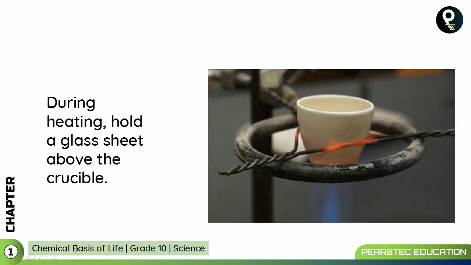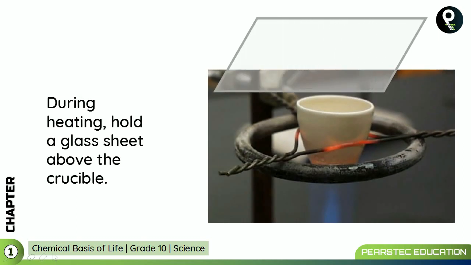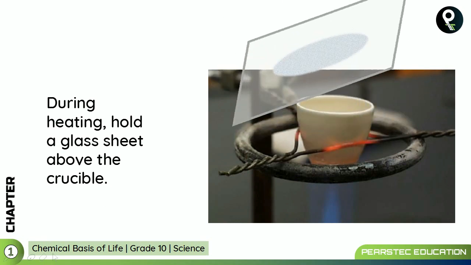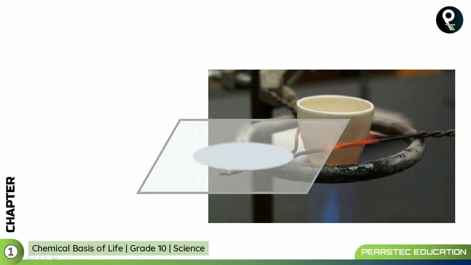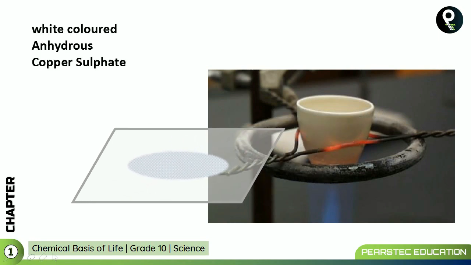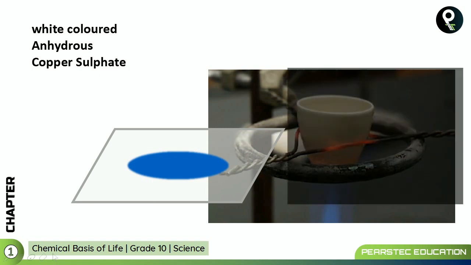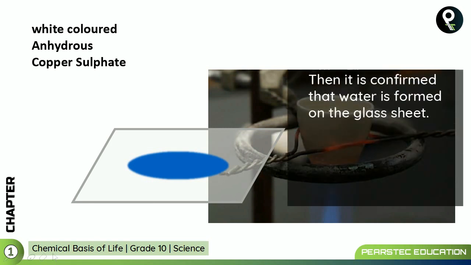So that is what we see when holding a glass sheet above the crucible during heating. In the second experiment, we are going to put another solution on top of it and check. This time we put white colored anhydrous copper sulphate. When you put white colored anhydrous copper sulphate, it turns blue. Those 2 experiments give us a clue confirming that water is formed on the glass sheet.